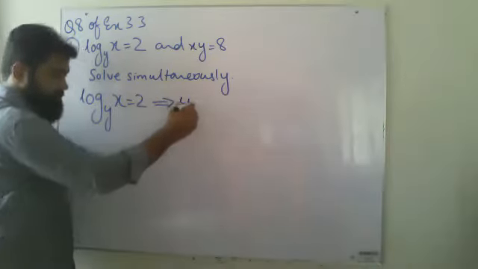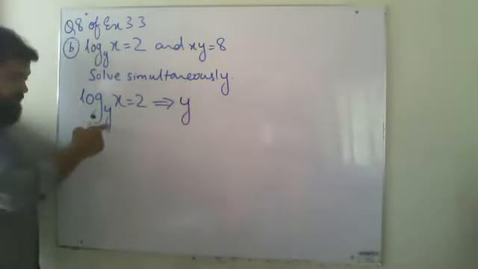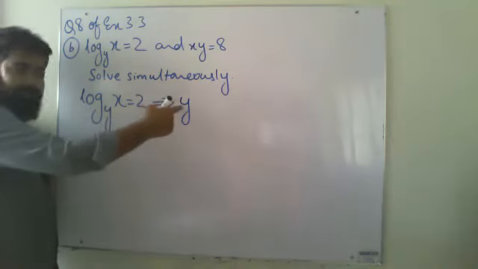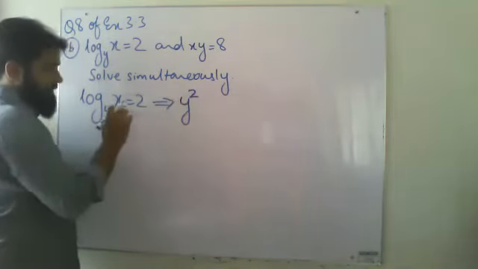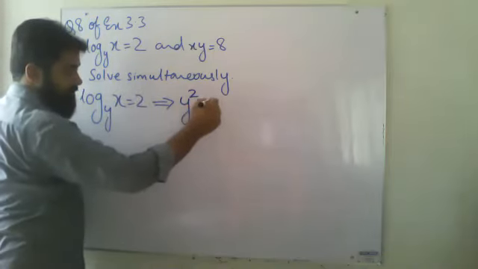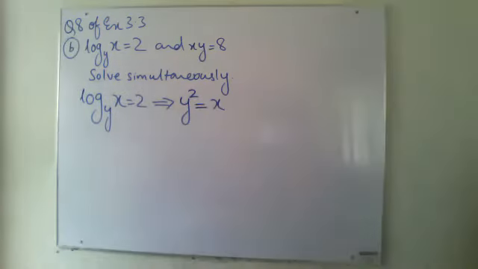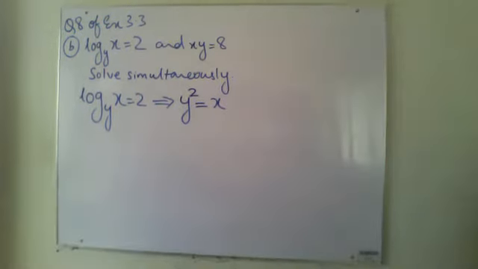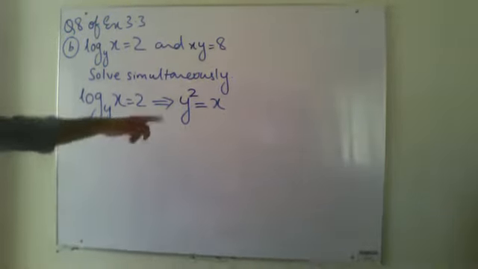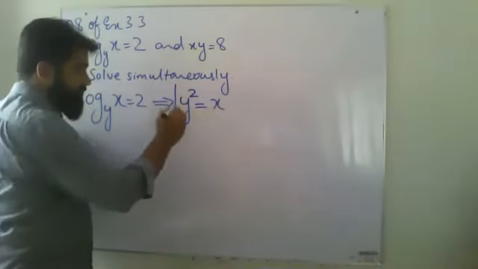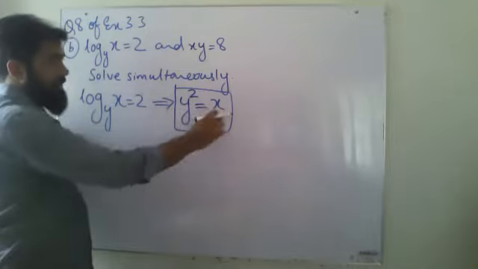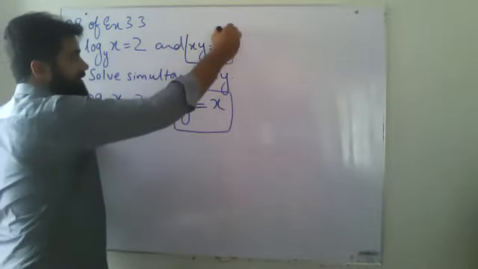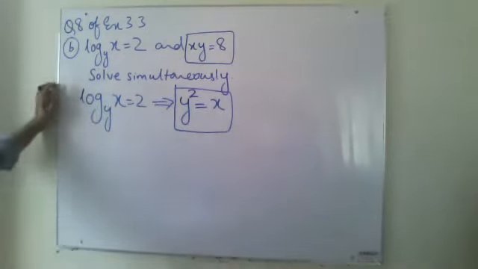The base of the log will be written as the base, answer of the log will be written as the power, and this will be x. Okay, so this is my equation y squared equals x, and this is my second equation xy equals 8.